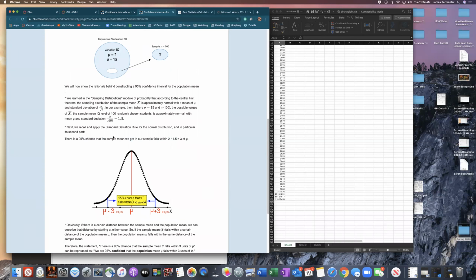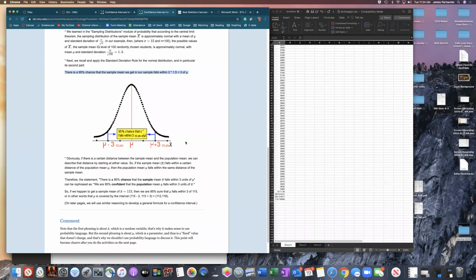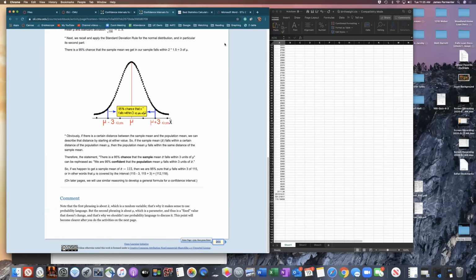There's a 95% chance that the sampling we get falls within 2 standard deviations of the mean. That's disappointing. That feels lazy to me. Maybe I'm wrong. Maybe there's something else happening there, but I would want to use 1.96. So I would ask your instructor about that, because it seems like it should be a different number unless there is some specific reason that they want to use 2 instead. But yeah, I found it disappointing.